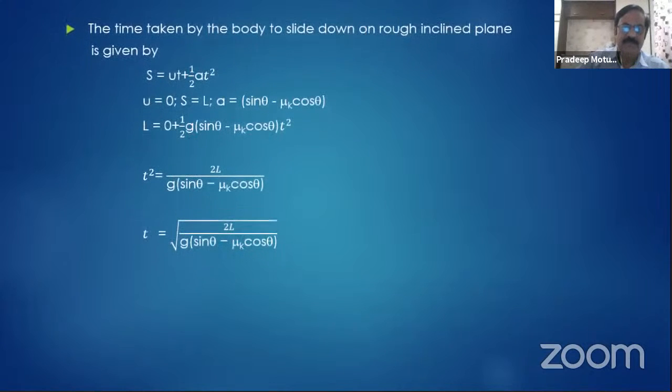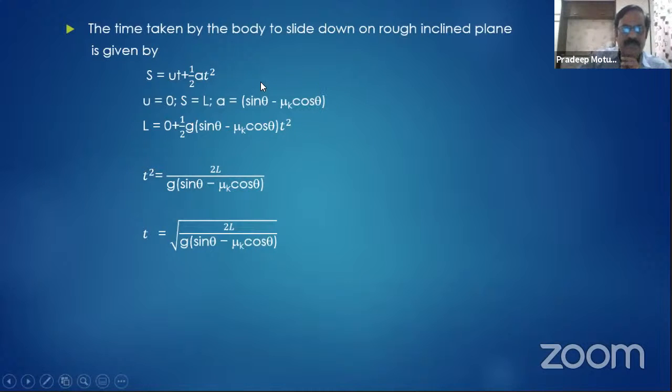What is the initial velocity of the body? Because it is starting from rest, u is taken as 0. And the length of the inclination, say it is L. What is the acceleration? It is g into sin theta minus mu k cos theta.